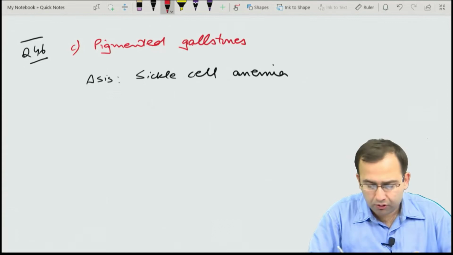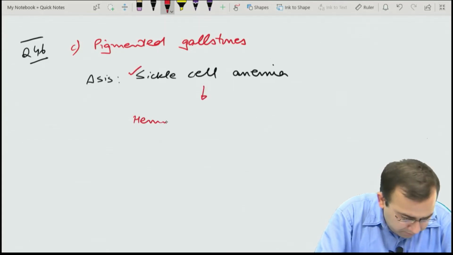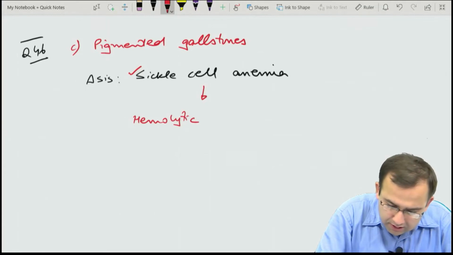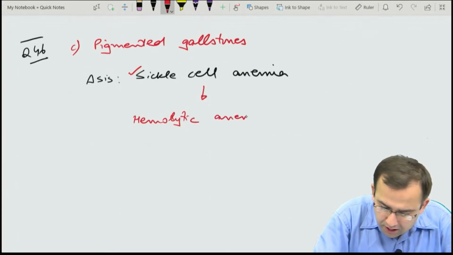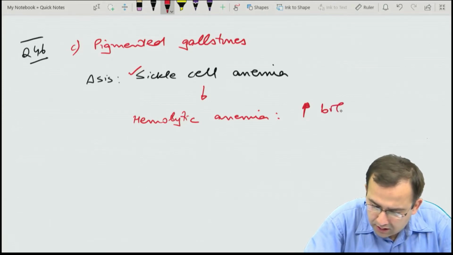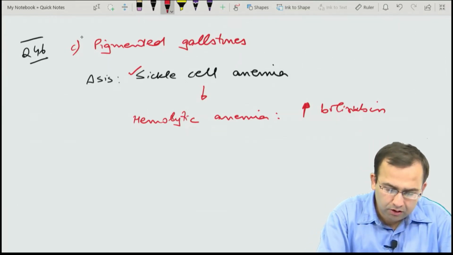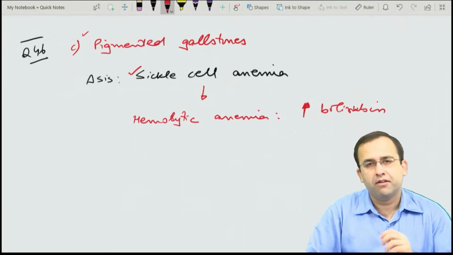You very well know sickle cell anemia is a hemolytic anemia, as a result of which it is associated with increased bilirubin. Hemolytic anemia causes increased unconjugated bilirubin, in turn leading to gallstone formation.